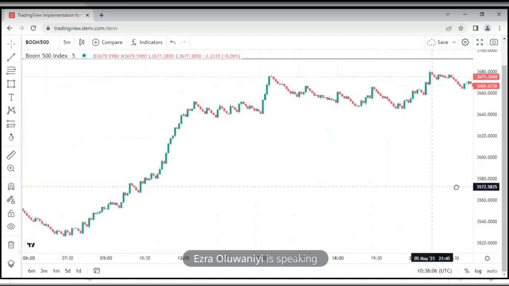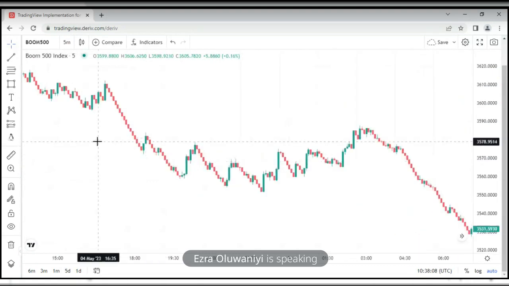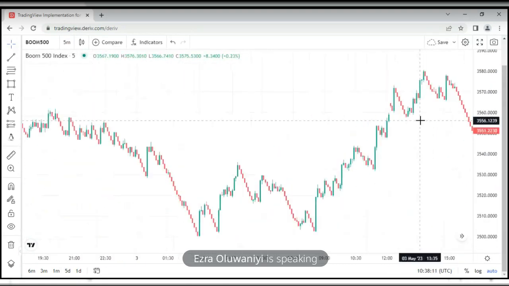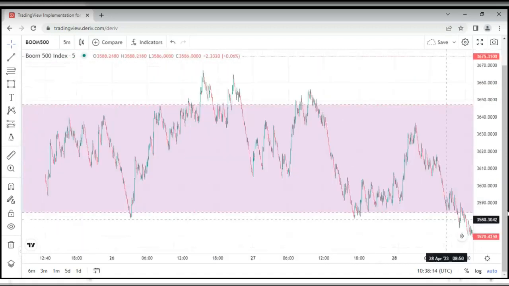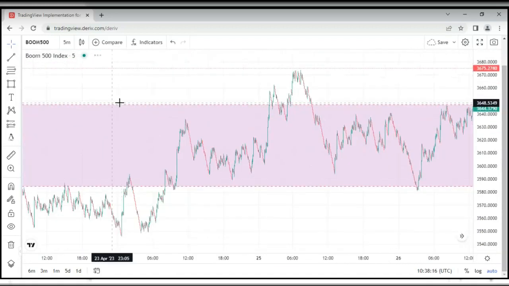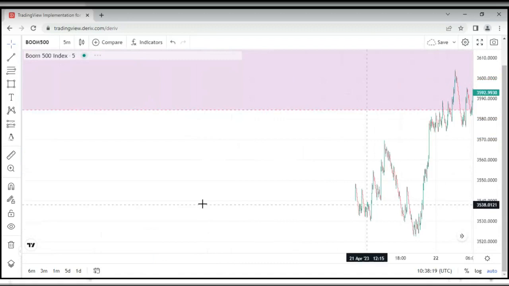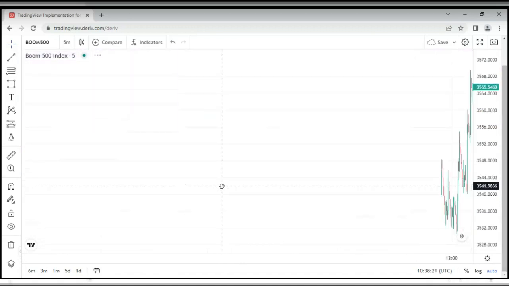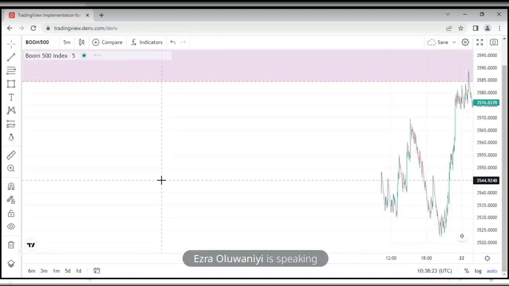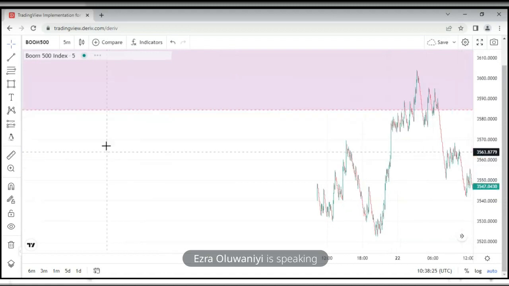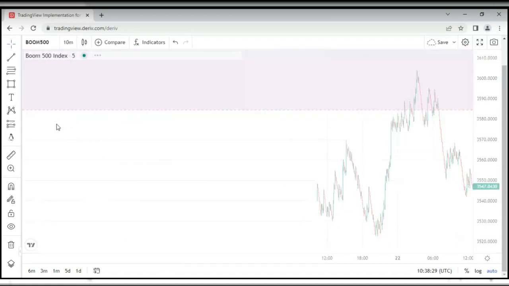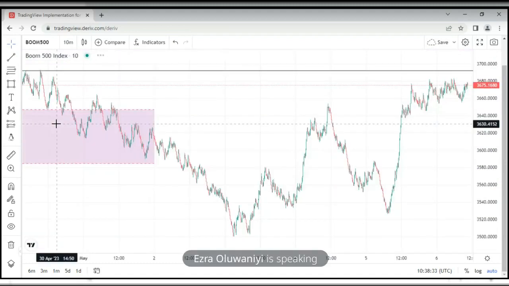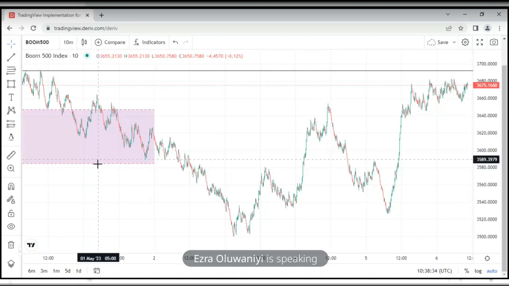Let's see what price does around that place, if we have any information concerning that. All right, so we didn't have any information about that. So let's go to 10 minutes and see what price is doing there.